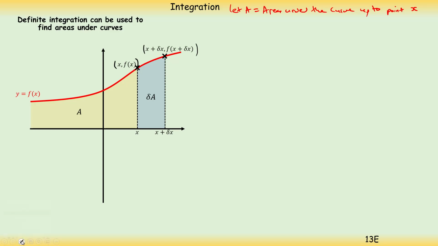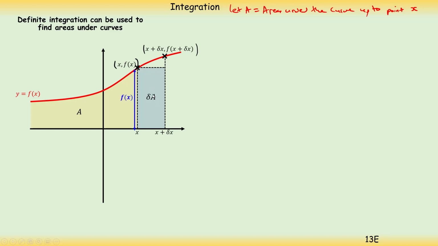Just change my pen back to red. Now, I can estimate the area of this strip here by approximating it to a rectangle. Okay, so if I approximate it to a rectangle there, I can find the area under the curve between these 2 points. However, my area is an underestimate of what it actually is because I'm chopping it off here.